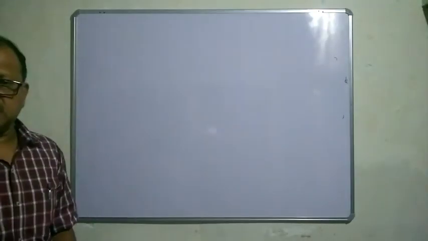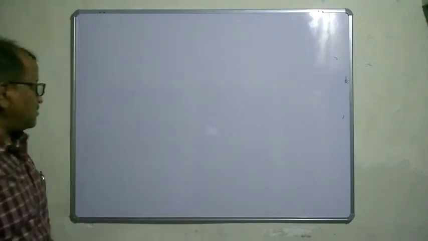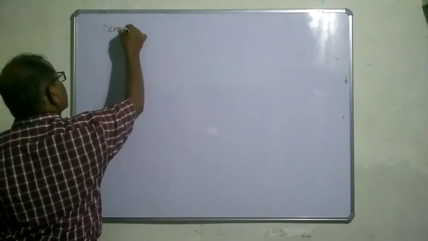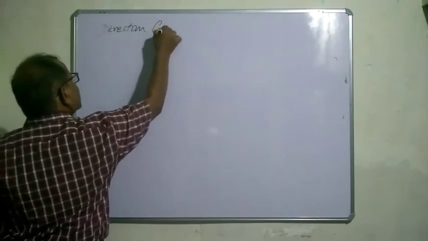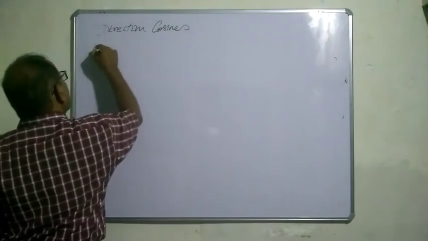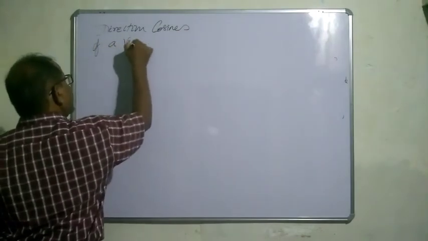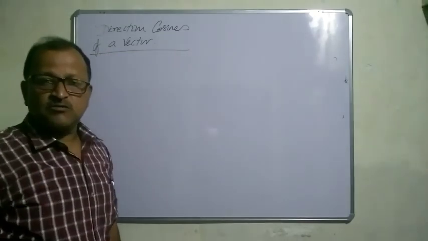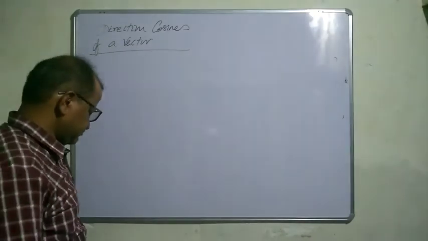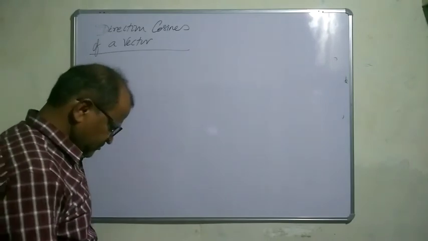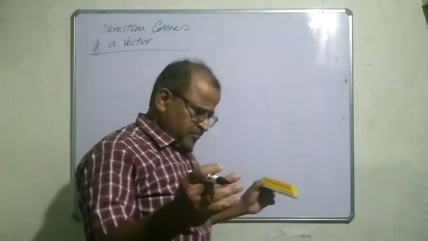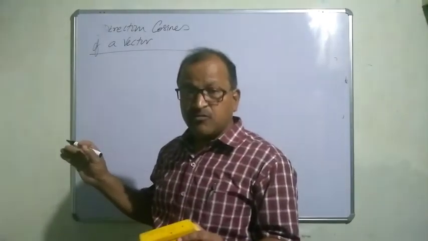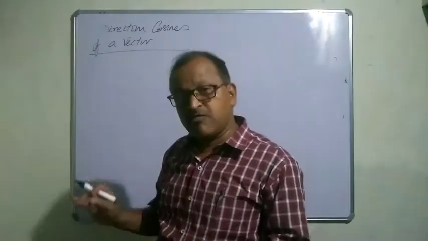Direction cosines of a vector. You see, making parallel to a vector, we can draw another vector through our origin.